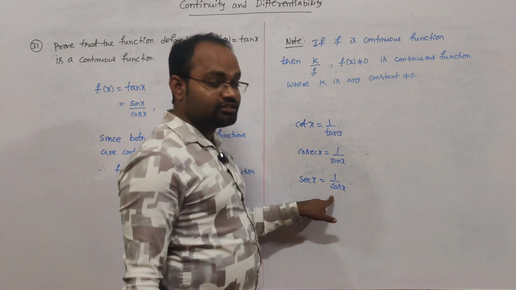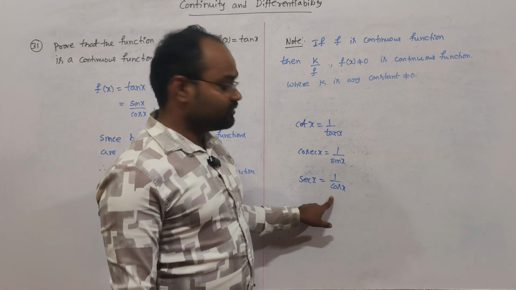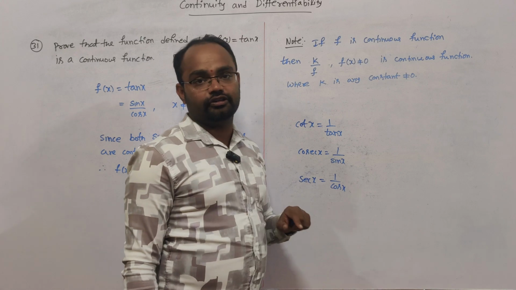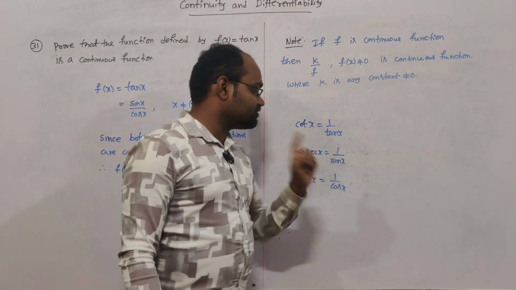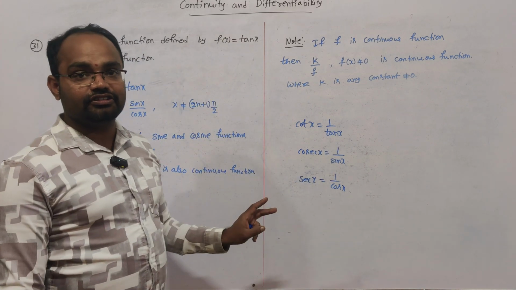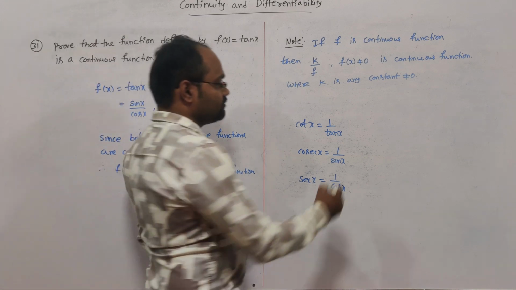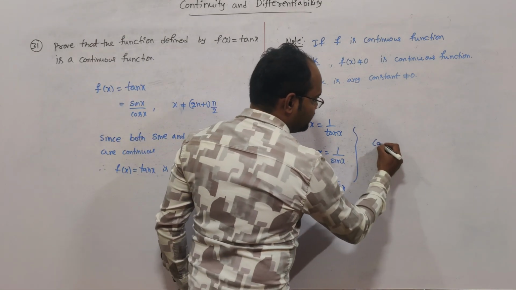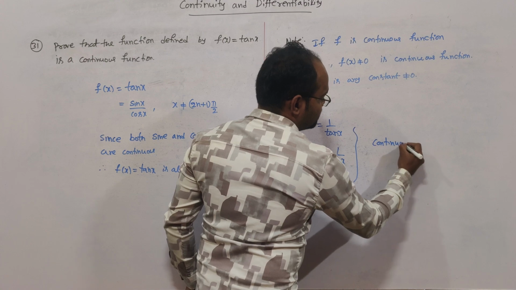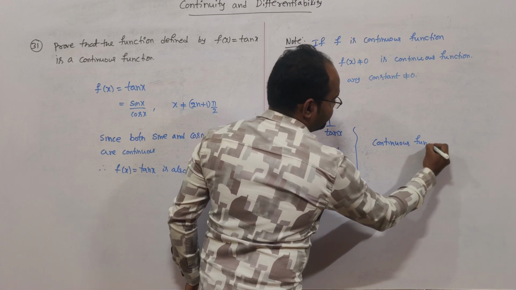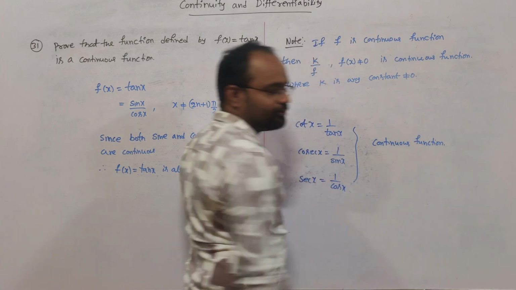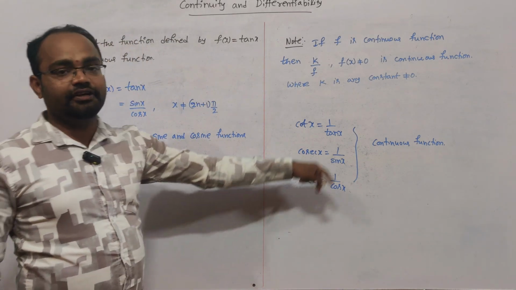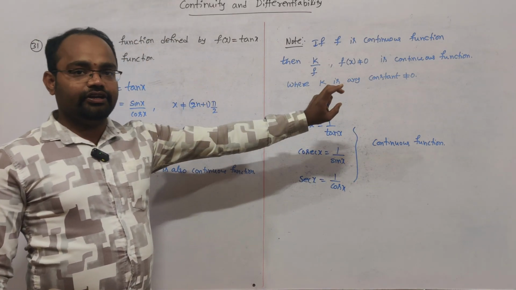We proved that cos is also a continuous function, so therefore secant also should become a continuous function. So all these are continuous functions in their respective domain. In their domain they will definitely be continuous.